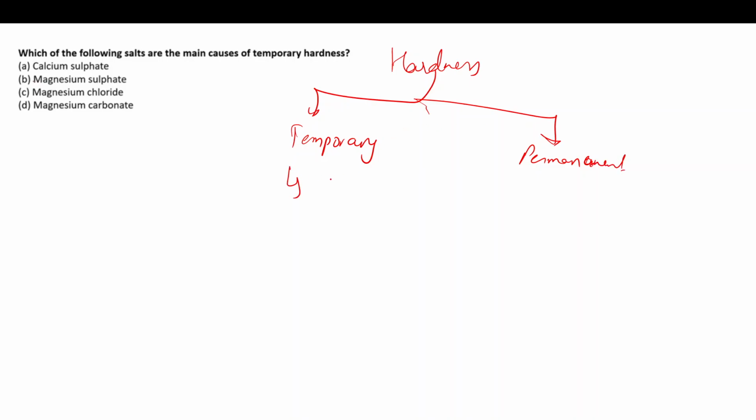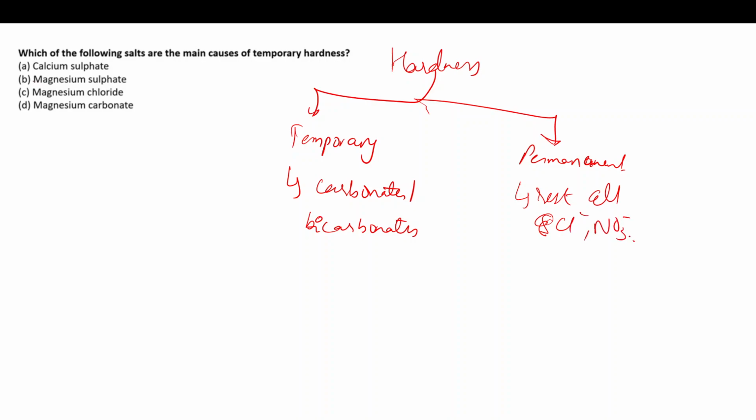So temporary is because of the carbonates and bicarbonates, because this can be removed by boiling the water, and the rest all are permanent, including chlorides, nitrates, sulfates. So which is temporary hardness in this case? So it should be carbonate hardness, right? So magnesium carbonate.